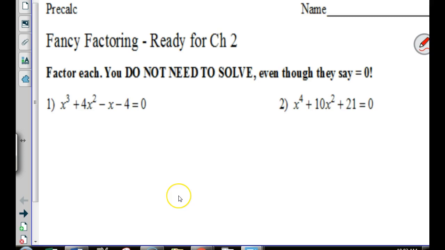Let's see. This is the pink worksheet you're supposed to pick up in the back. My lovely title for this is Fancy Factoring, because we have to do some crazy factoring with things other than x squareds.